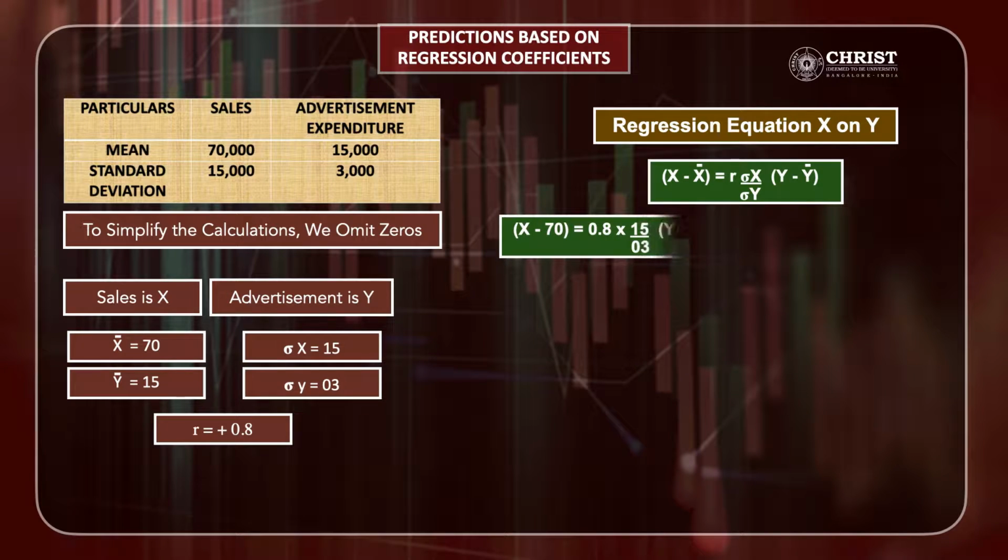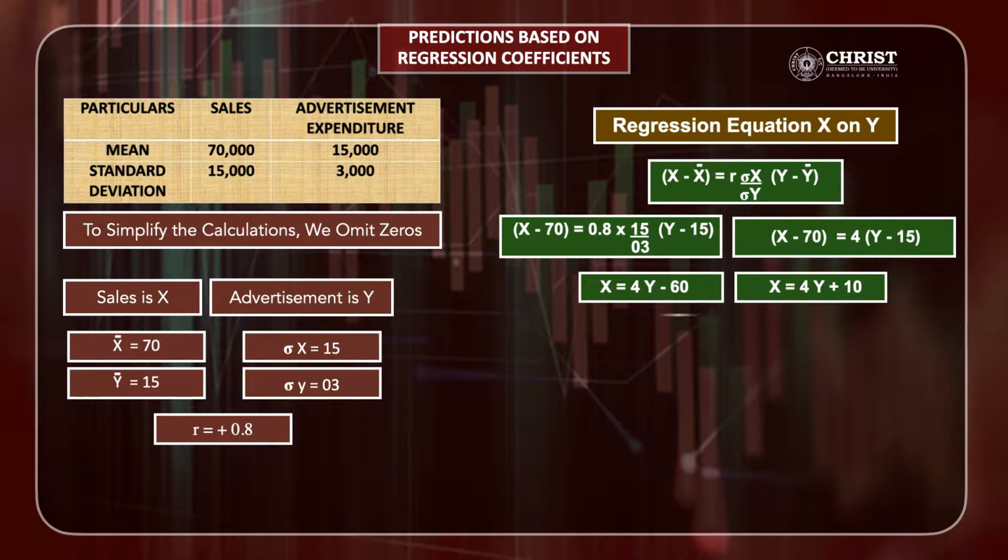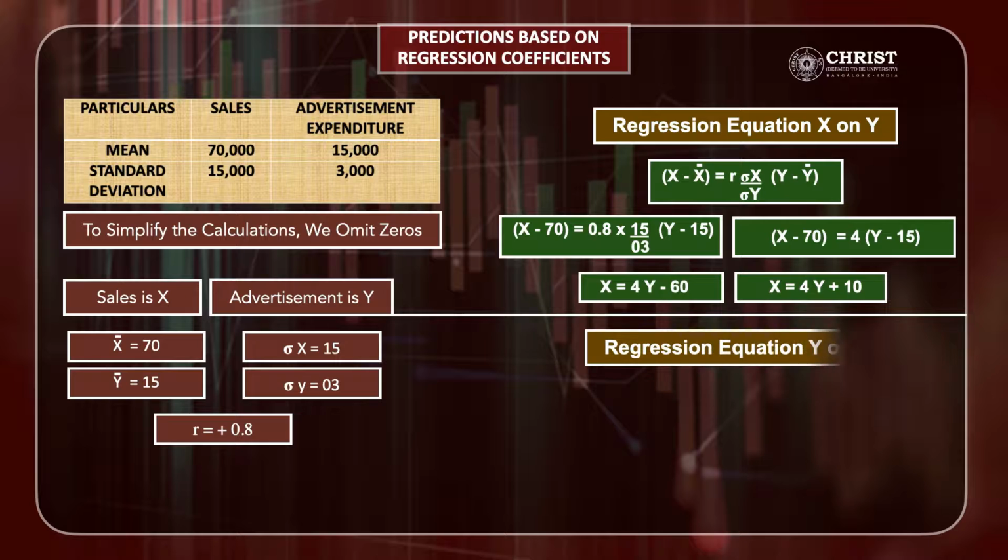Substituting the values, x minus 70 equals 0.8 into 15 divided by 3 into y minus 15. So x minus 70 equals 4 into y minus 15. x equals 4y minus 60, so x equals 4y plus 10. So the first regression equation, x on y, is computed.